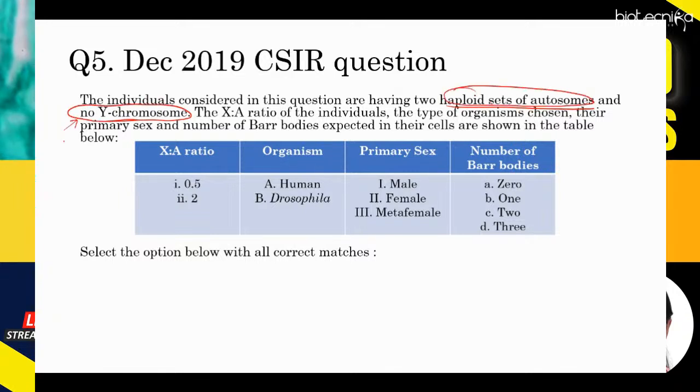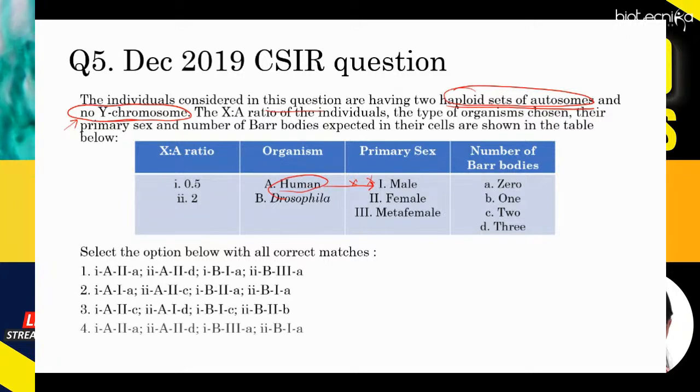No Y chromosome means what? If we are talking about humans, then it cannot be a male at all, isn't it? There is no Y chromosome, so A1 is not possible at all. If you look at the options, if you have A1, that cannot be the answer.